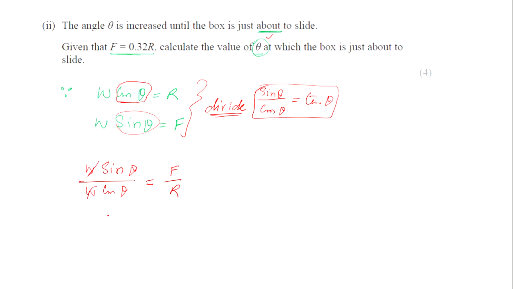Sin theta upon cos theta is equal to tangent theta, and F is given as 0.32R. So you just substitute the value 0.32 times R, divided by R, R gets cancelled. Now tangent theta is equal to 0.32. So theta is equal to tangent inverse 0.32.